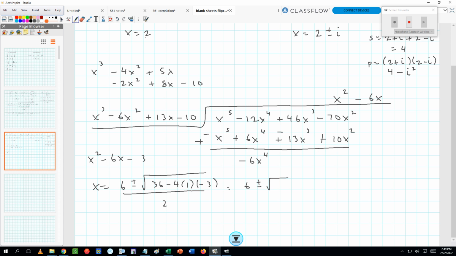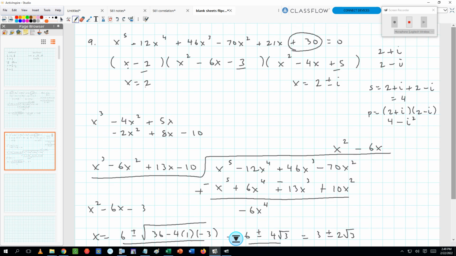The square root of 48 is 4 radical 3, divided by 2, which gives me 3 plus or minus 2 radical 3.